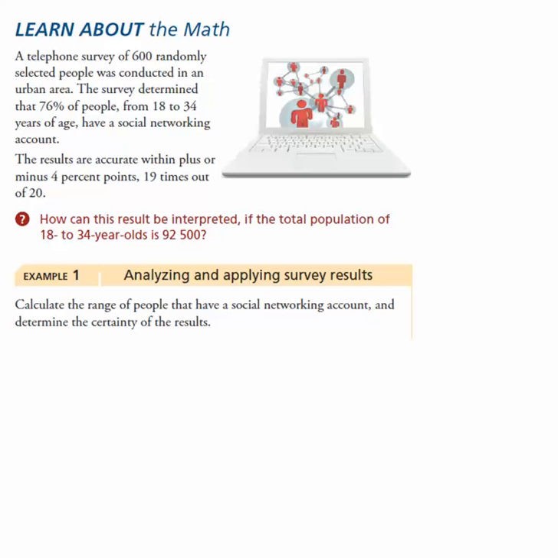So the question now is calculate the range of people that have a social networking account and determine the certainty of the results. So we're going to do a couple of things here now before we get started. What we're going to find out. First, we need to have an understanding of what the margin of error is. So the margin of error.